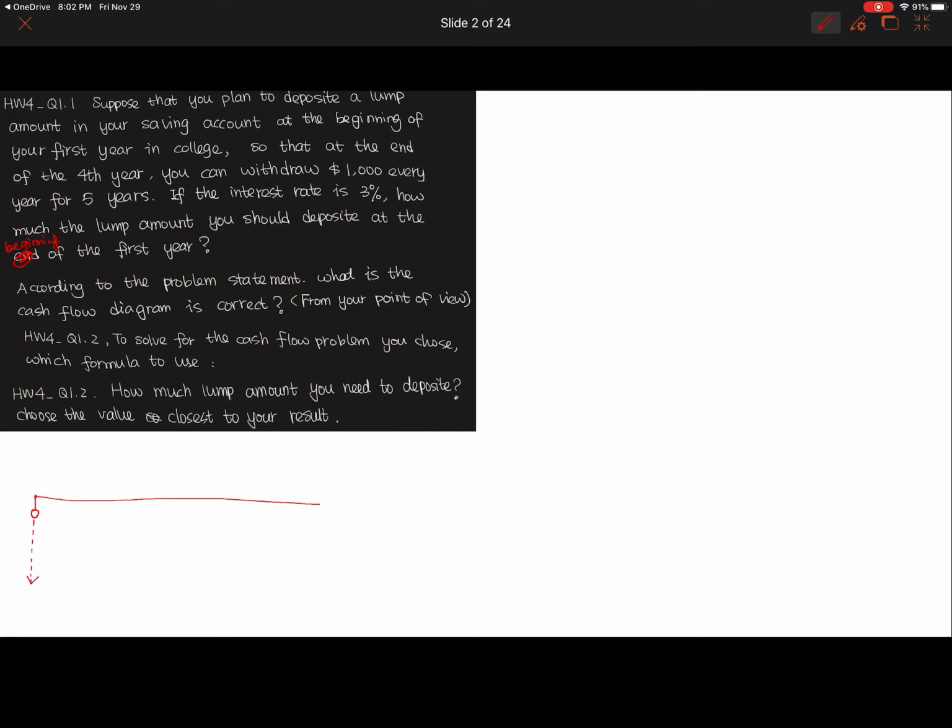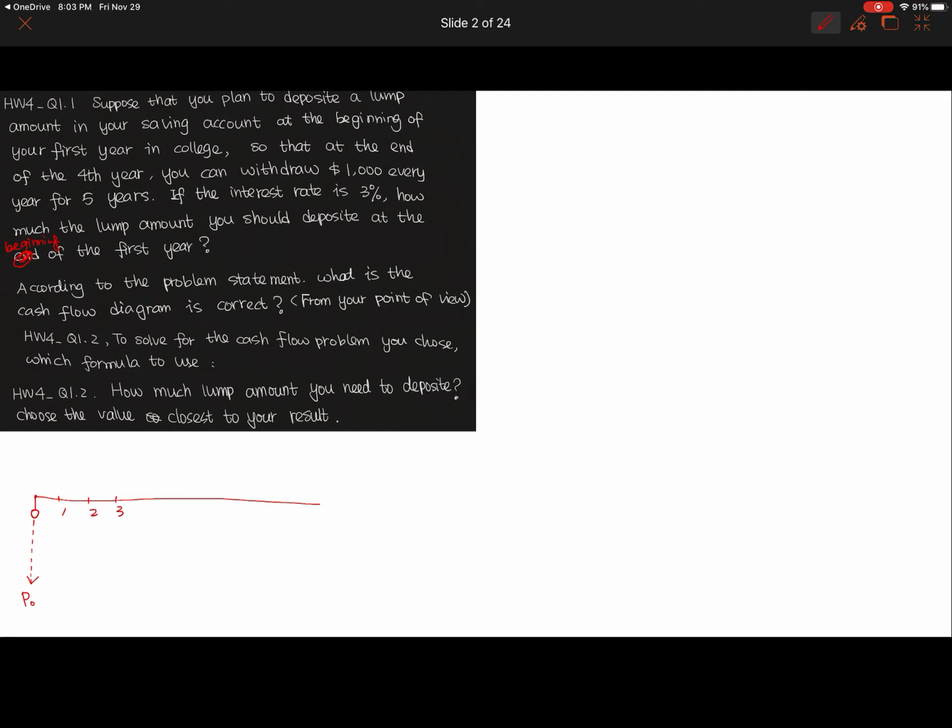It's also the value at present, so it's going to be P. You can also label it as P0, which means the present value at time 0.